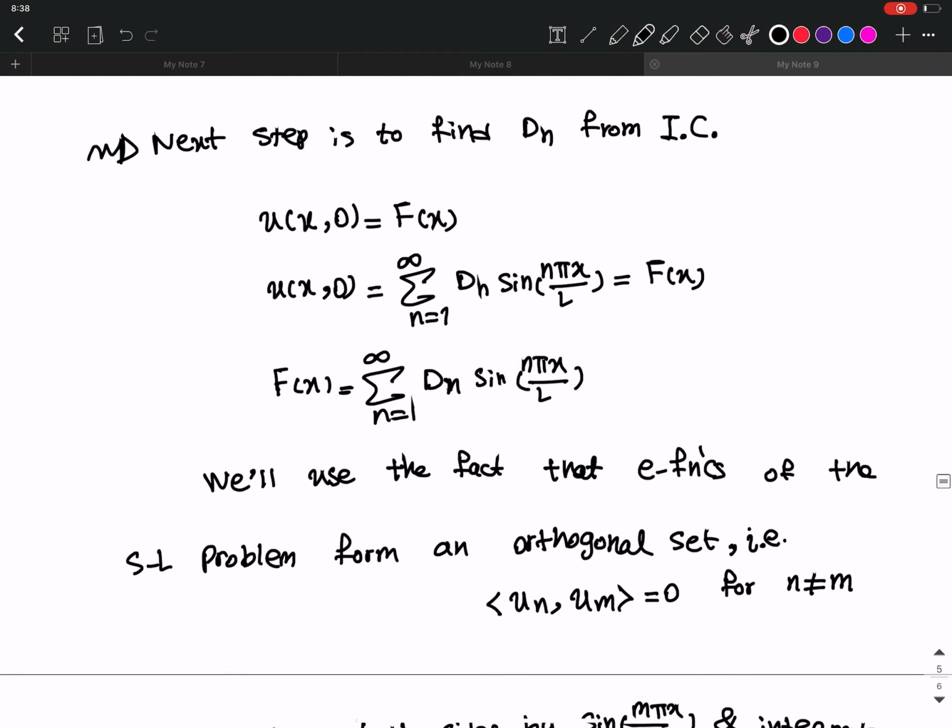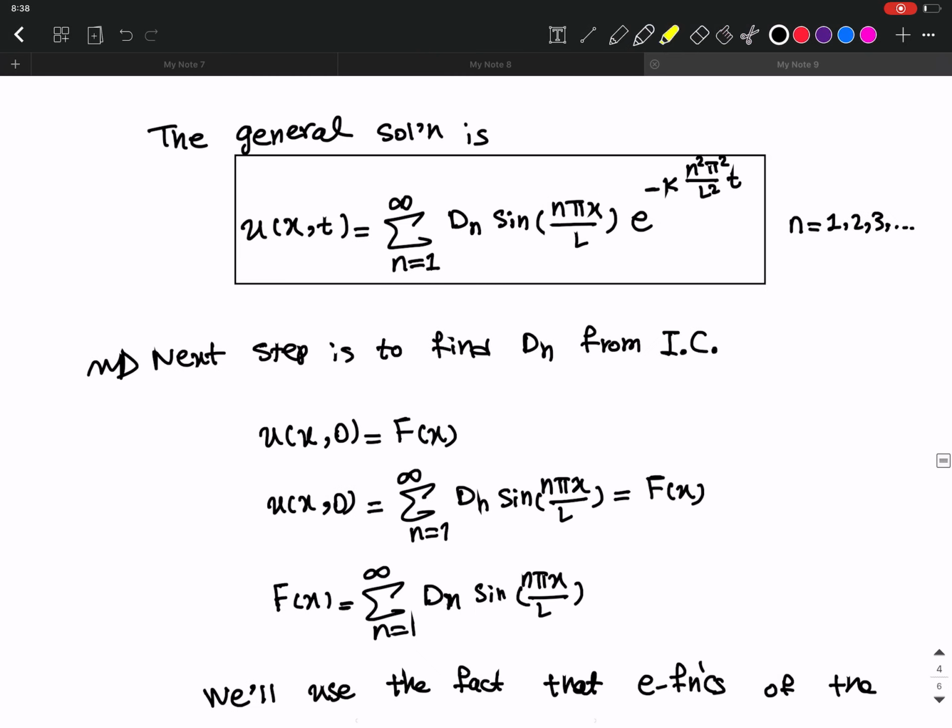times, so this is going to be d_n, I have d_n now, I wrote d_n, and then the second one is going to be sine, and then we had this term, right?